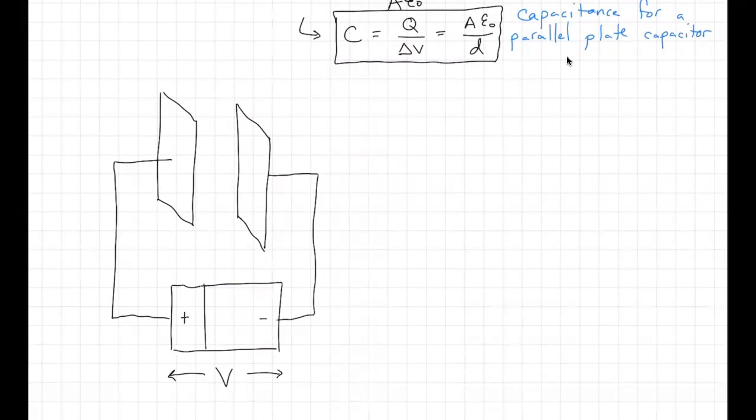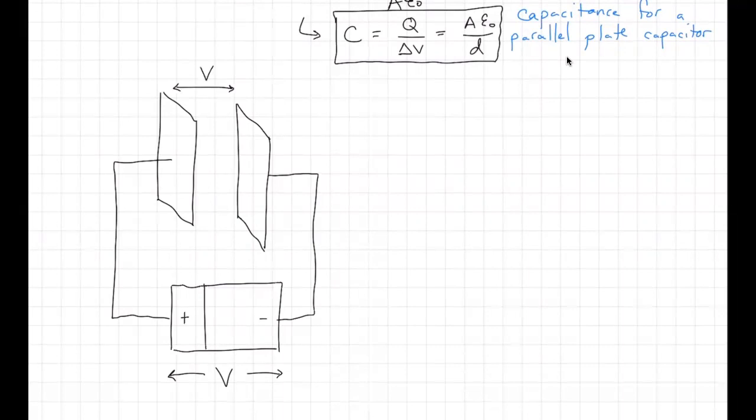So the positive terminal is held at potential V relative to the negative terminal. That means that the capacitor plates should be held at that same potential difference. If I hook up the left plate to the positive terminal, that should be held at a voltage V relative to the right plate. So this potential difference should be V right there.